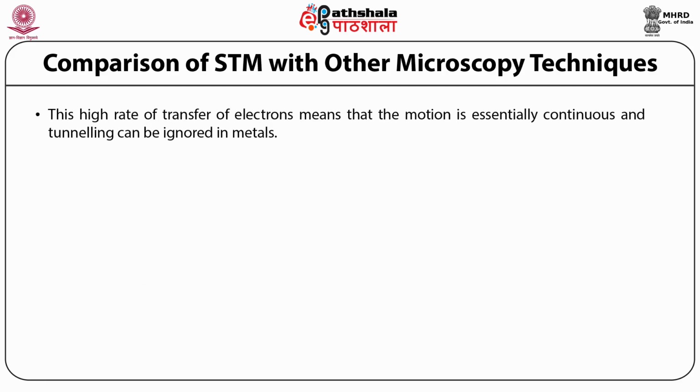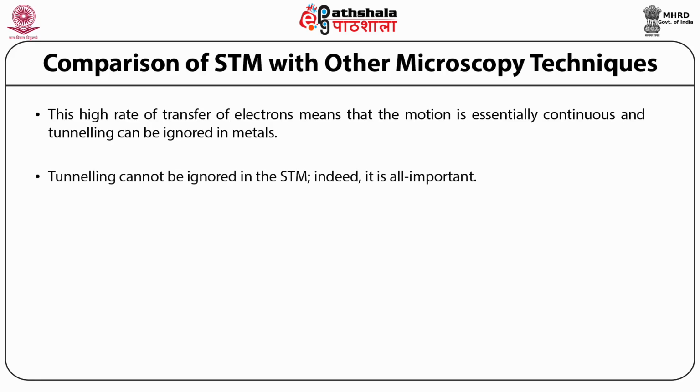This high rate of transfer of electrons means that the motion is essentially continuous and tunneling can be ignored in metals. Tunneling cannot be ignored in the STM. Indeed, it is all important.